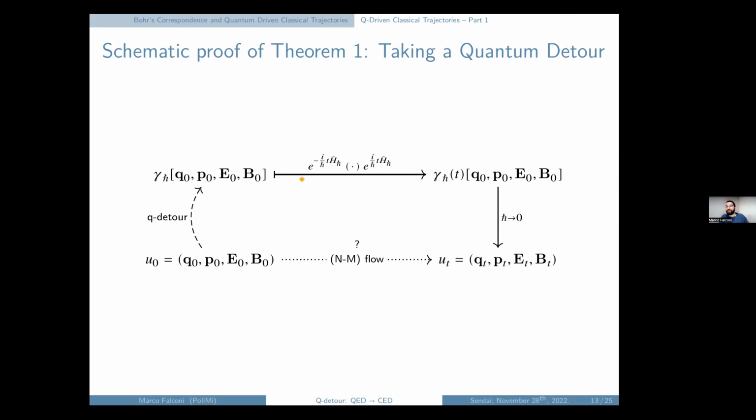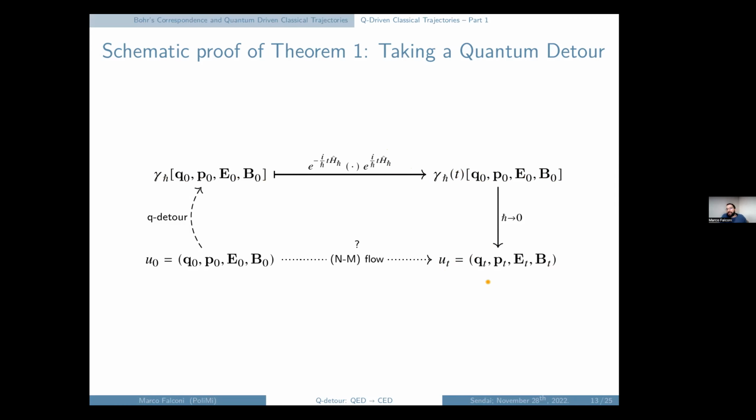The Pauli-Fierz Hamiltonian drives this state at time t. We take then the limit ħ to 0 of this state at time t and recover a classical point in the classical phase space at time t.